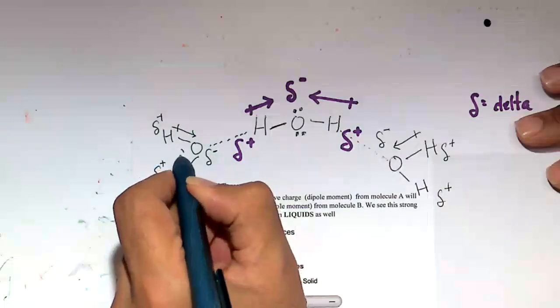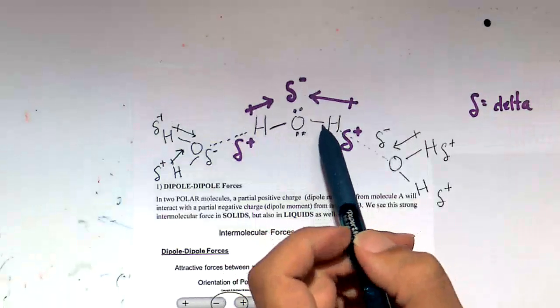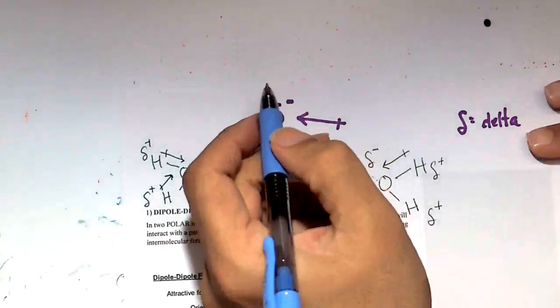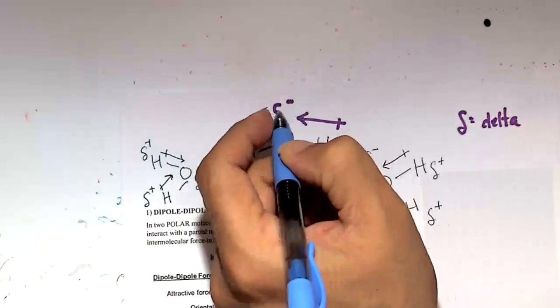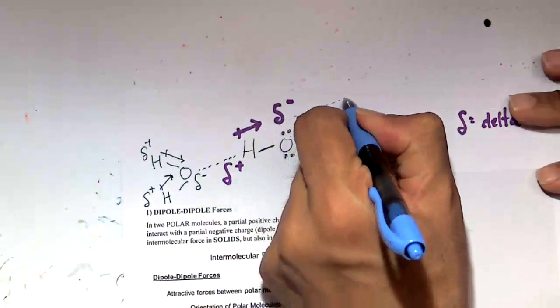Remember, this oxygen is pulling. What do you think this partial negative can interact with? Partial what? Partial positive. Partial positive of what? Okay, let's make it another water molecule. We can. Any partial positive, but I'm going to make it another water molecule.